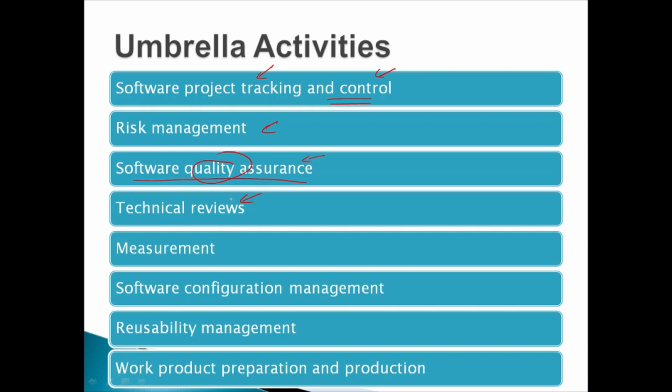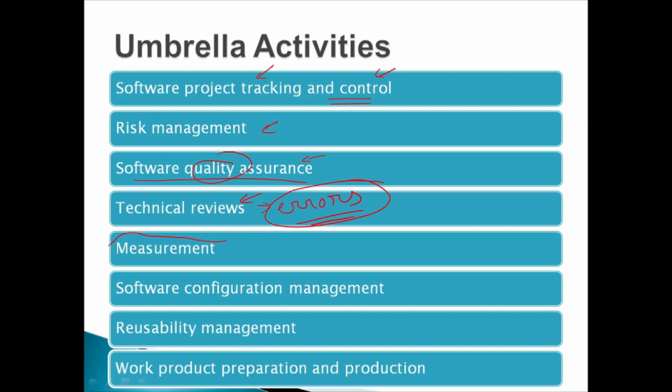It assesses software engineering work products in an effort to uncover and remove errors. Okay. So reviews are very much of importance before errors are propagated to the next action or activity. So uncovering the errors before they are propagated.